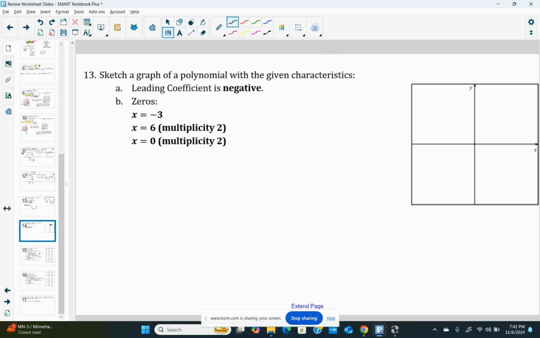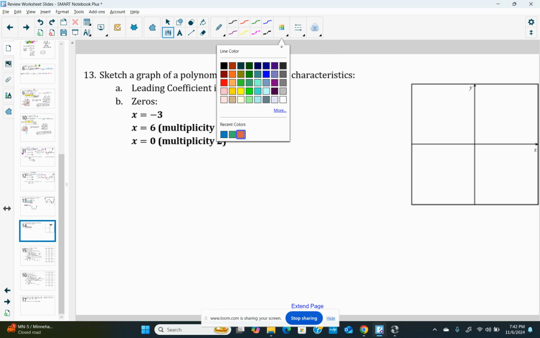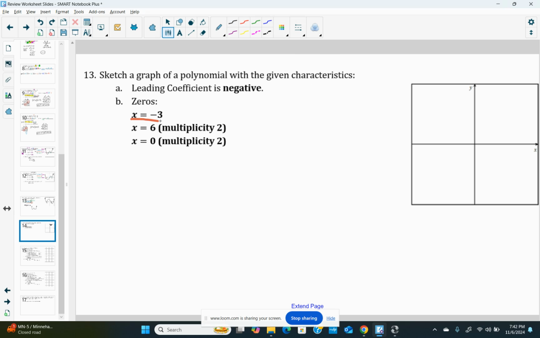Number 13, the leading coefficient is negative, and we have these different zeros. And so if we add these up, this is 1, this is here twice, and this is here twice. So that's a degree of 5. So we'll have one branch up and one branch down. Now this is negative, so it's going to be starting high and ending low.